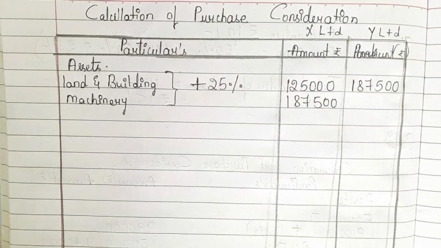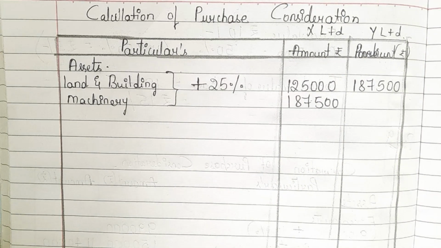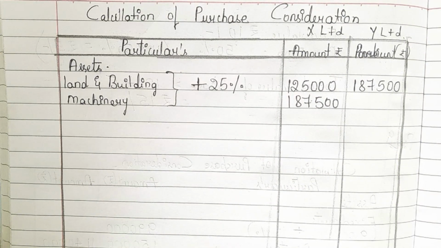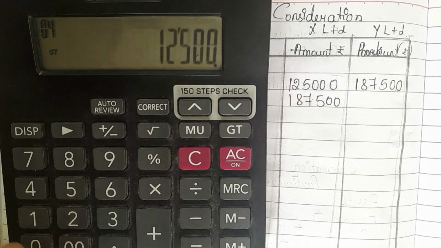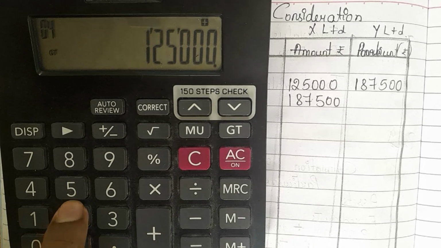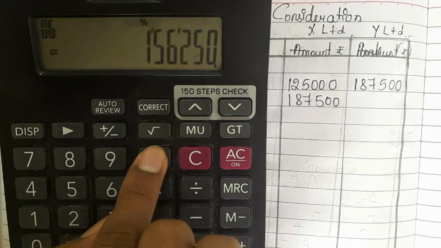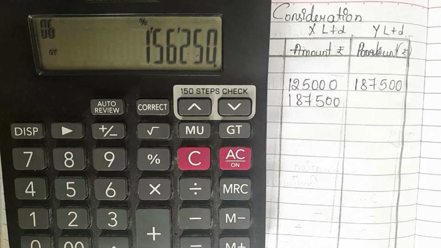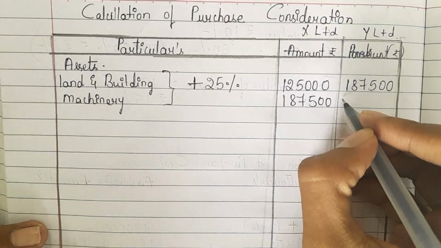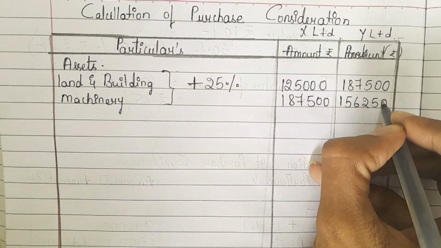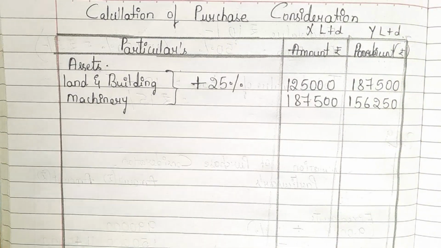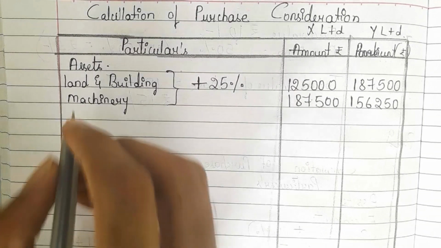Next, Y Limited has machinery worth rupees 1,25,000. So 1,25,000 plus 25% will be 1,56,250. That you need to write here, 1,56,250.